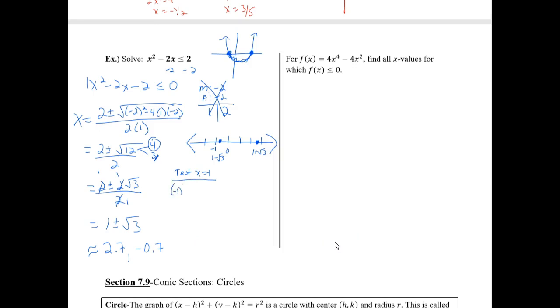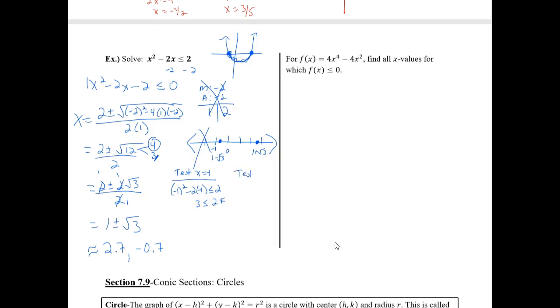So negative 1 squared minus 2 times negative 1 less than or equal to 2. Negative 1 squared is positive 1, and negative 2 times a negative 1 is positive 2, so I'll have 1 plus 2 is 3 less than or equal to 2. That's false. This is not part of my solution set.